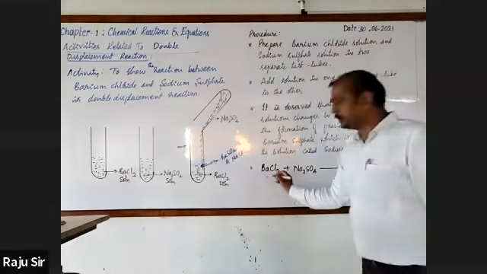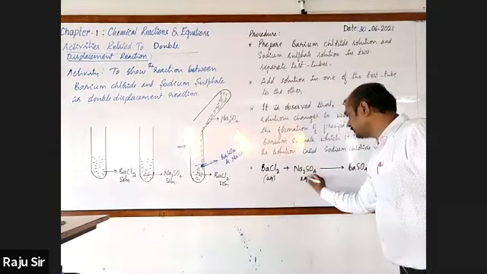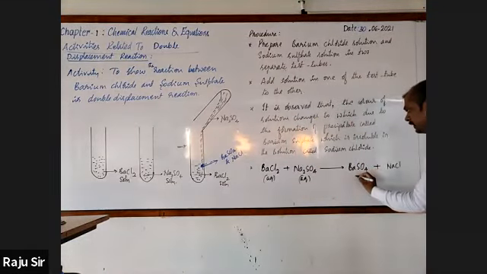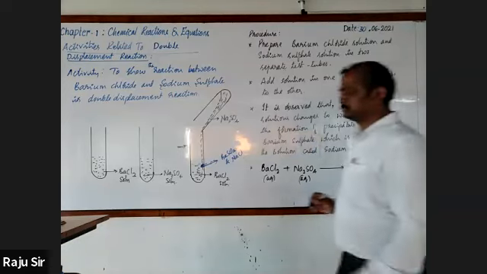We know that barium chloride is an aqueous solution, and so is sodium sulfate. Barium sulfate is a solid, nothing but a precipitate. The color of this precipitate is white. And NaCl is also aqueous.